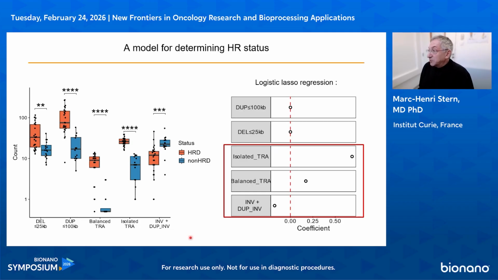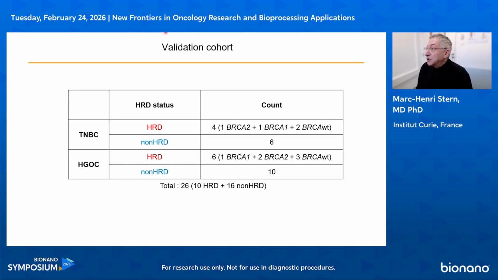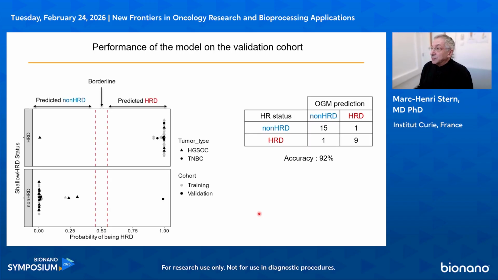To test the performance of this model, we got access to a validation cohort, again with breast and ovarian samples with known HRD status and known mutational status. The model predicts the probability of being HRD, and the samples are on the right of the diagram if predicted to be HRD, on the left if predicted to be non-HRD.